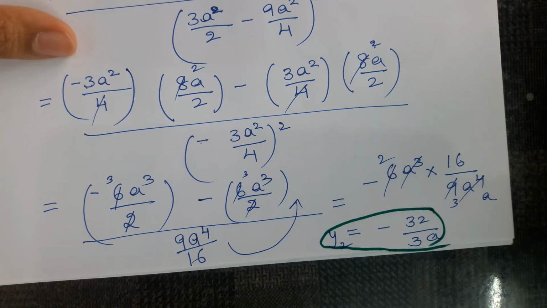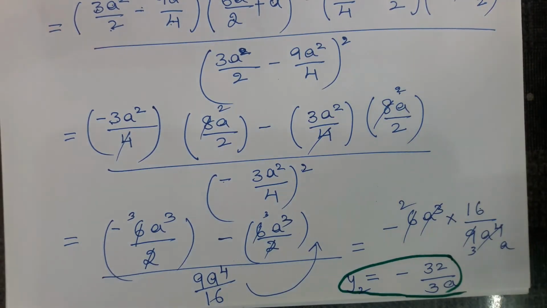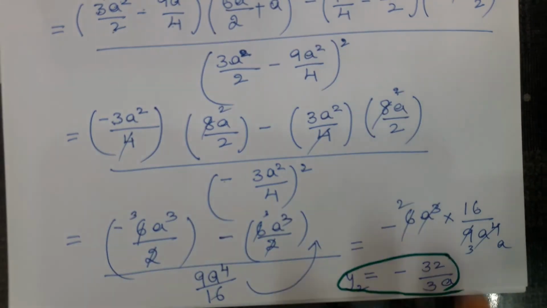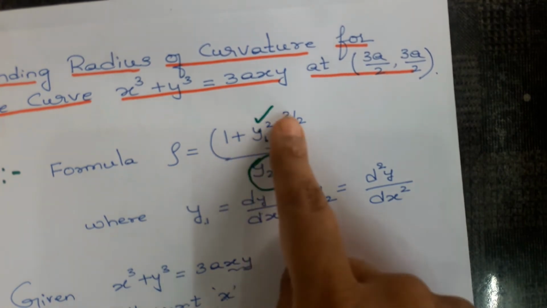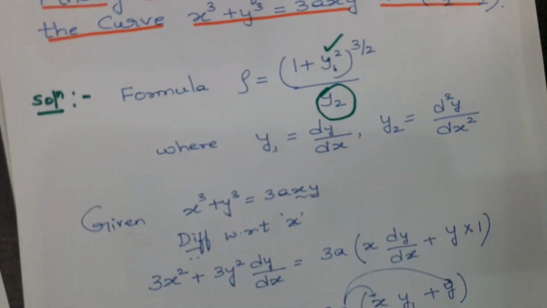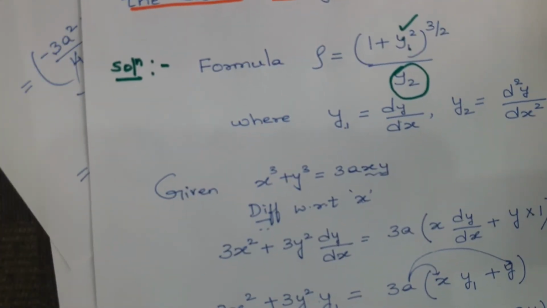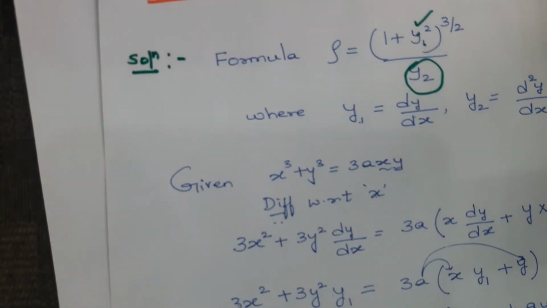So we know what y1 is and what y2 is. Both the values I will substitute into the formula. What is the formula? We know already. Radius of curvature is 1 plus y1 square to the power of 3 by 2 divided by y2. This is the formula for radius of curvature. So let me substitute both the values.